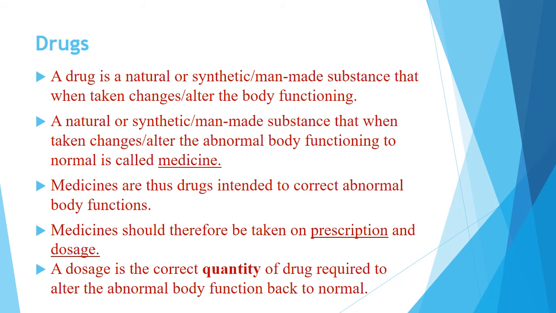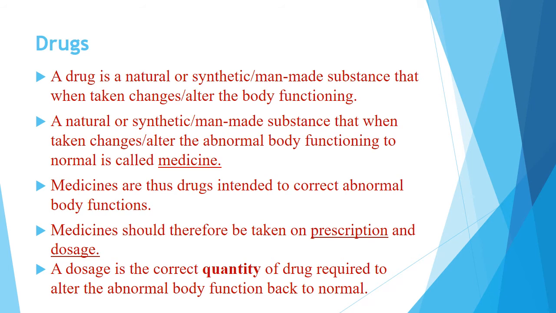And then we have what we call medicine. Medicine is a drug that is natural or man-made that is prescribed by a medical doctor or a medical official. So medicines are thus drugs intended to correct abnormal body functions.